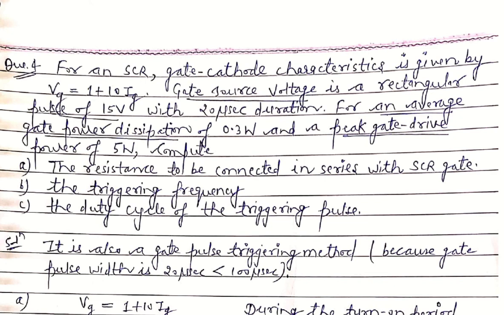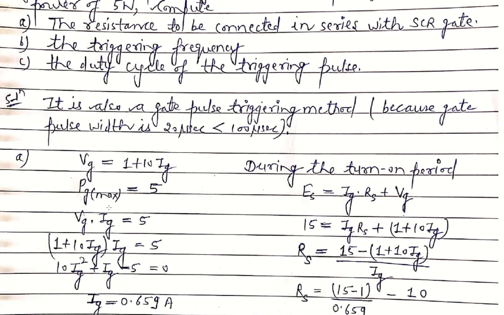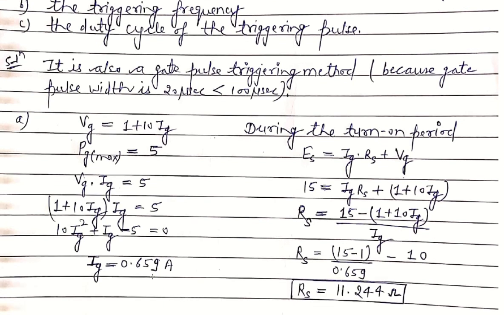This is a pulse triggering problem because the 20 microsecond pulse is always less than 100 microsecond. So again we do the same procedure. PG maximum is given in the problem as 5 watt. We know that PG maximum is Vg into Ig. If we put Vg as 1 plus 10 Ig, this is a second order quadratic equation, and the value of Ig selected is positive, which is 0.659.